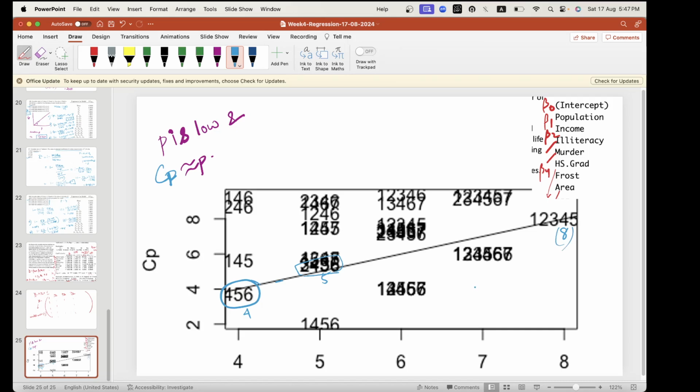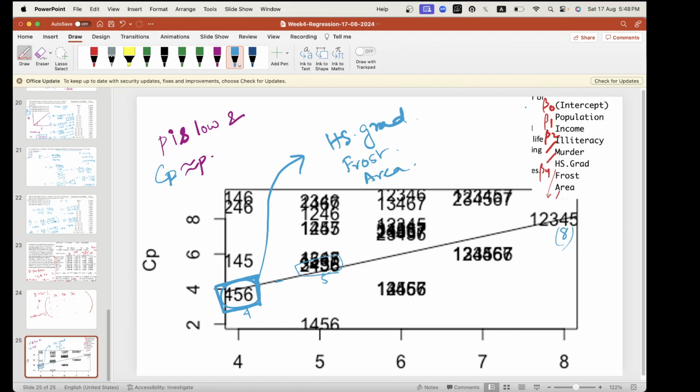All right. So from this we can see that 4, 5, 6 is the best predictor. So which are the 4, 5, 6 models? Then the x's are, 4 was this HS.grad, 5 was Frost, and 6 was Area.